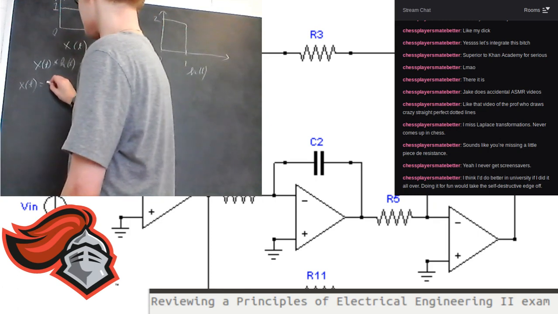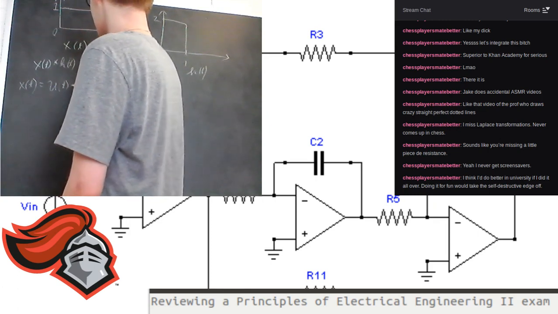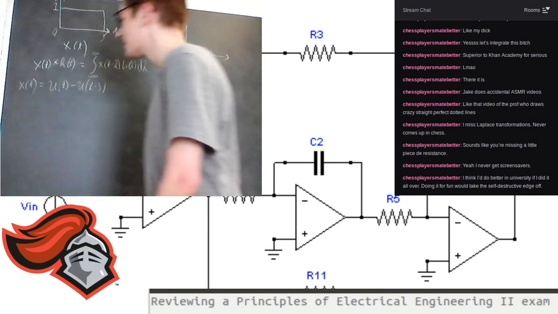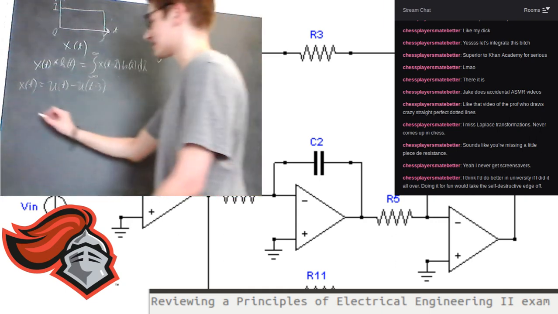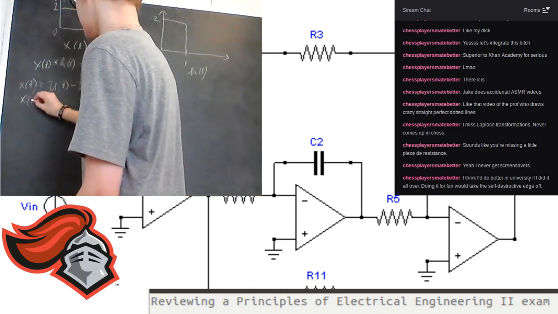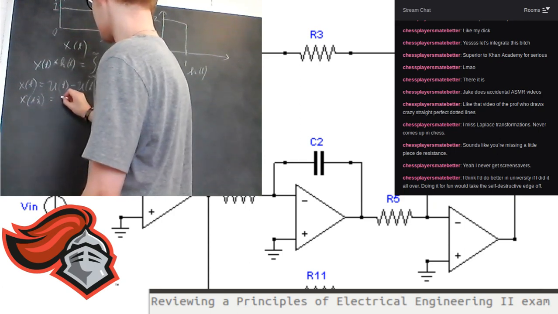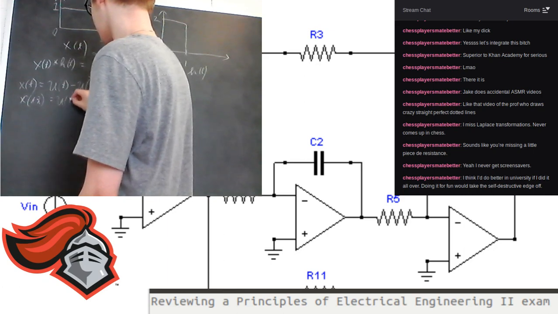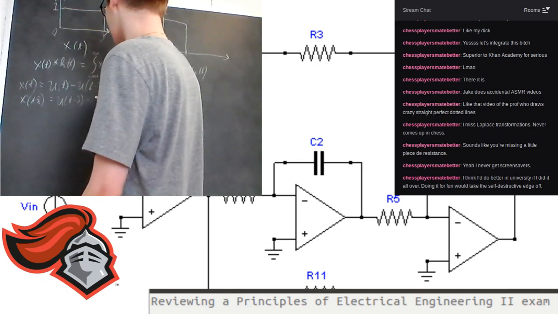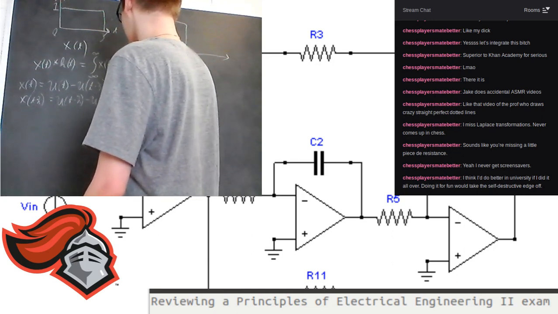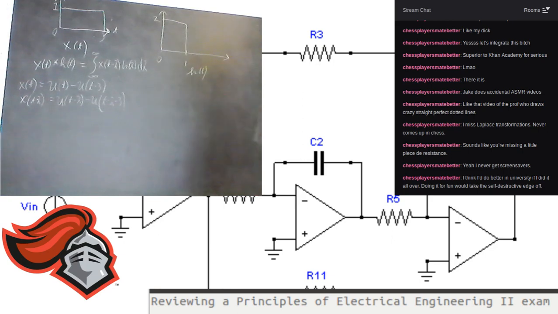So in other words, this is u(t) minus u(t minus 3). Which means that x(t minus lambda) is u(t minus lambda) minus u(t minus lambda minus 3). I don't know if this means anything to you guys yet, but trust me, it's gonna make sense.